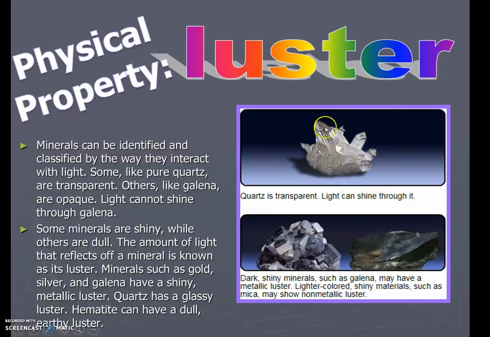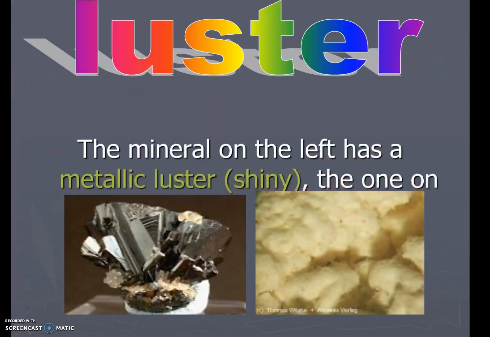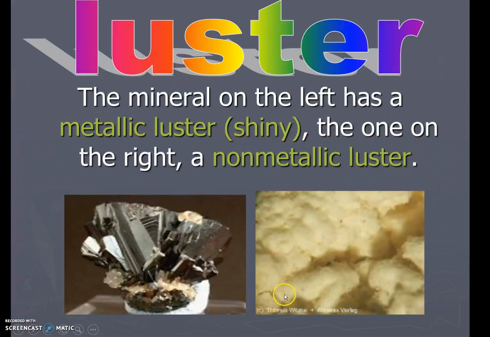You can see it reflecting the light. Many minerals have that shiny luster. Other ways to describe it are glassy, dull, or earthy. Scientists also use metallic versus non-metallic to describe luster. So here you can see a rock with a metallic luster, shiny, and this rock is non-metallic because it is not shiny.